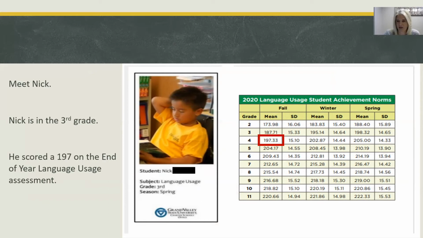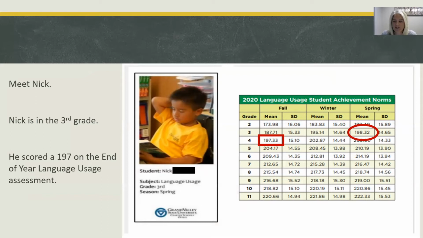I do want to point out that if you look at the spring assessment for 3rd grade, you do see 198.3, which is a little bit higher than 197. But if you notice, and this happens in most of the grade levels, from the end of the year of one to the beginning of the year of the next, there is a little bit of a drop.